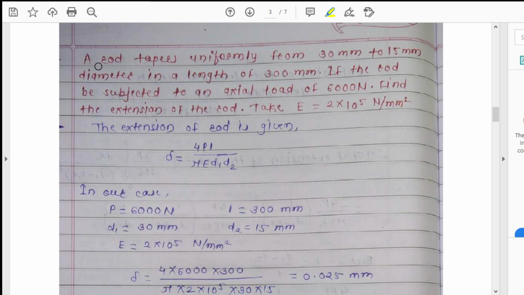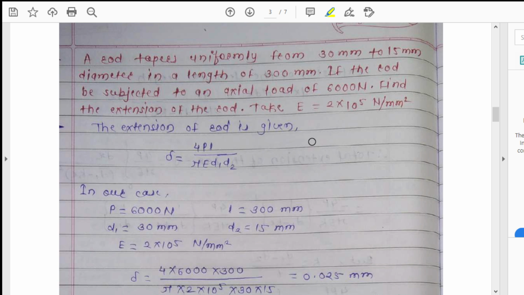The first numerical is: a rod tapers uniformly from 30 mm to 15 mm diameter in a length of 300 mm. If the rod is subjected to an axial load of 6000 newtons, find the extension of the rod. Take E equals 2 into 10 raised to 5 newtons per mm square. Here they have given that the rod is tapering uniformly from 30 mm to 15 mm.